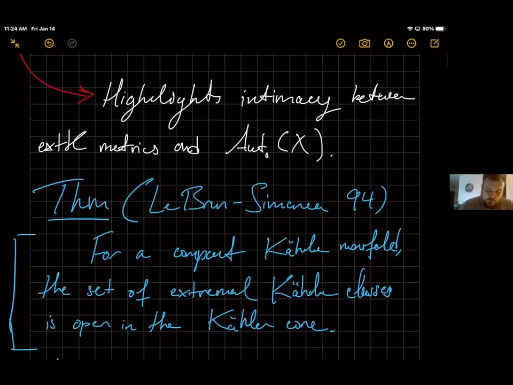You'd phrase it a few different ways, but maybe the most concise one is given here. We have a compact Kähler manifold, then the set of Kähler classes which admit extremal metrics, that's going to rest inside of the space of all Kähler classes. It's actually an open set. So this condition of extremality is an open condition.